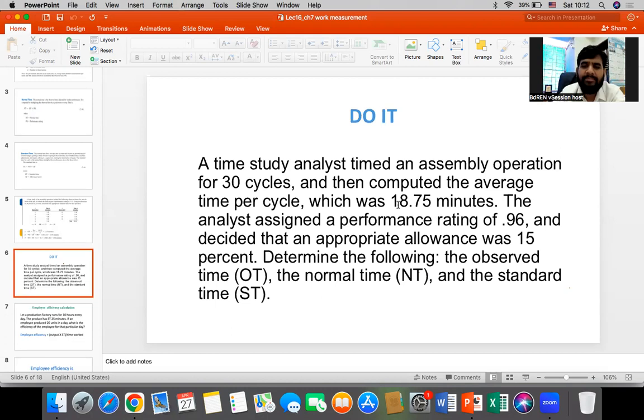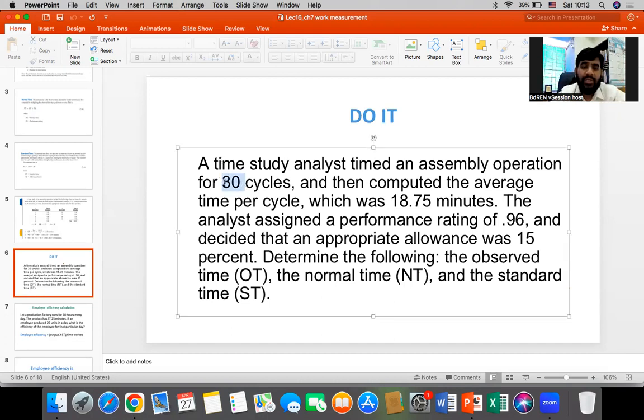Why divide by 30? Because the operation was done 30 times. Yes, that is true, but why would you multiply? It is divided by 30, to know the average.